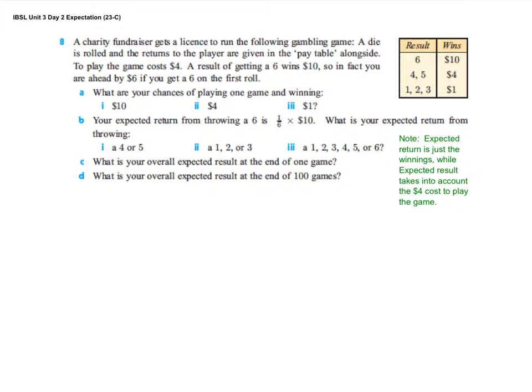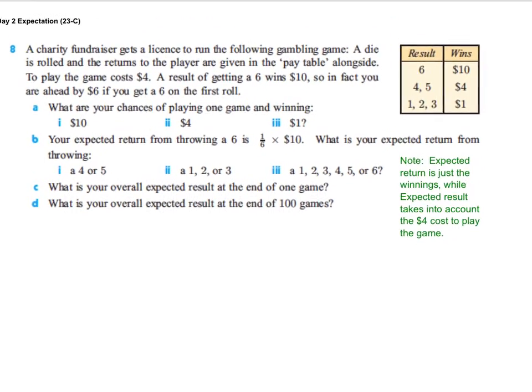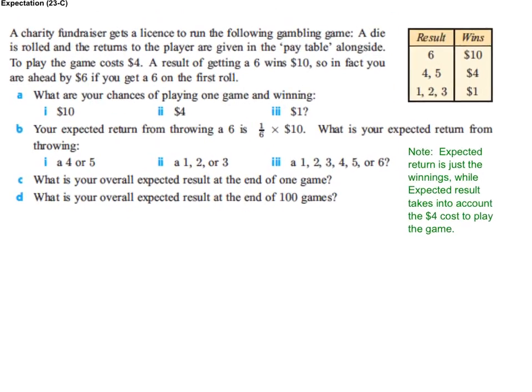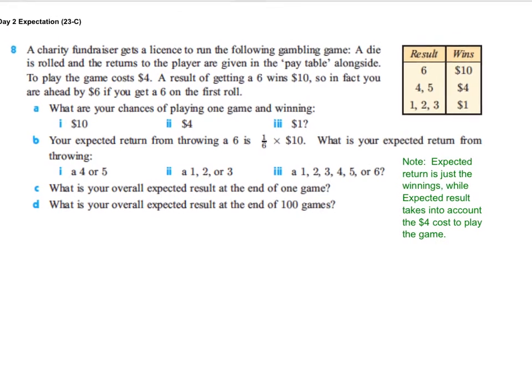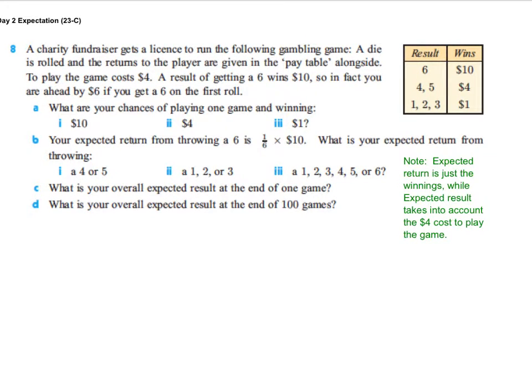One thing I will comment on this is that the problem is a tad bit vague as far as what it's asking for. Here we have this game where it costs you $4 to play. These winning numbers over here do not take into account the $4. So you'll note what I have written here. Expected return is just the winnings.